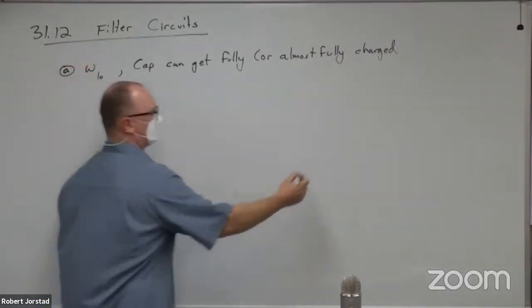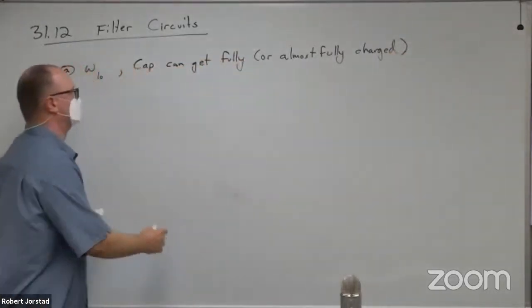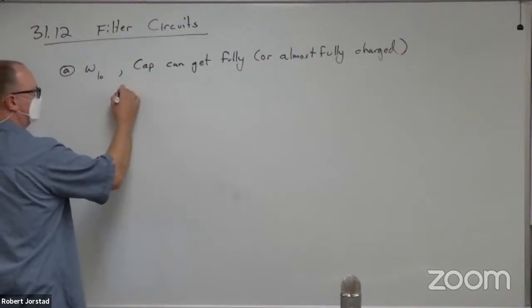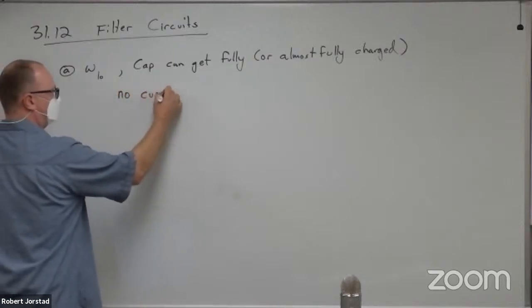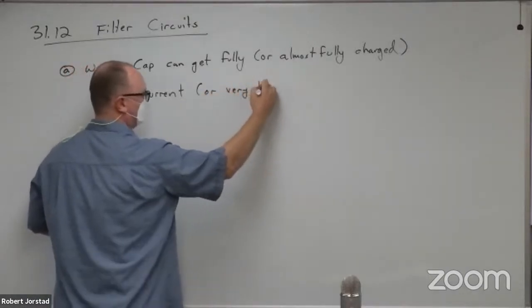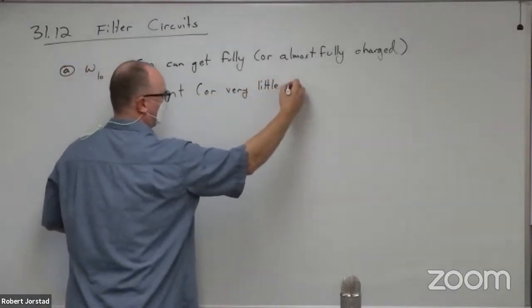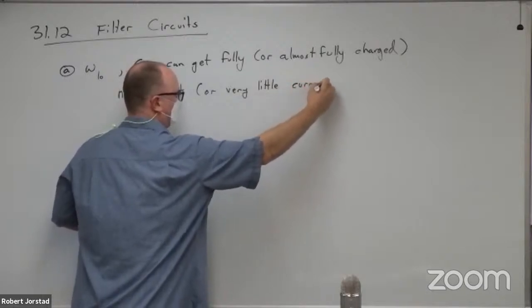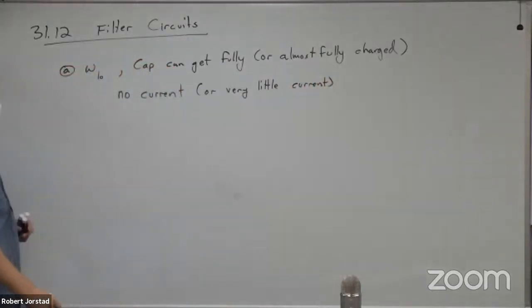How much current flows when a capacitor is fully charged? No current. Or very little current. Would you agree with that? So if you have low frequencies, we would expect very small current.